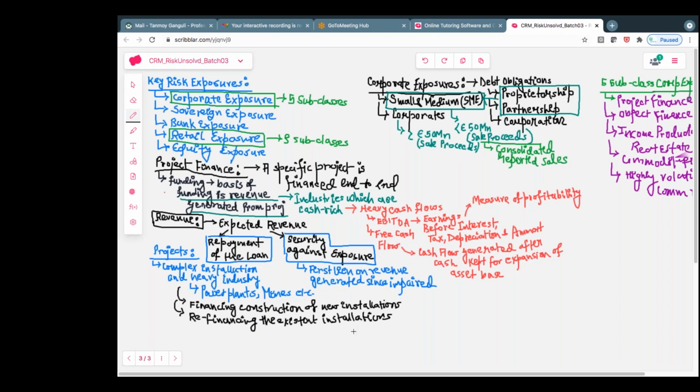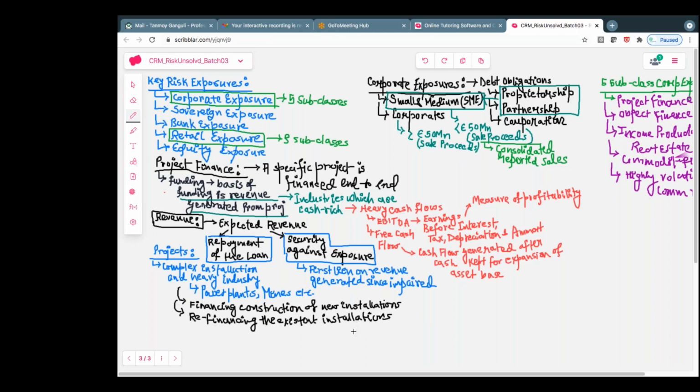The next question is how you use this revenue. One, it can be used to repay the loan, and the other, it could be used as a security against the exposure. Now the next question is for what type of projects this revenue generation is possible. So that's where we talk about complex installation.